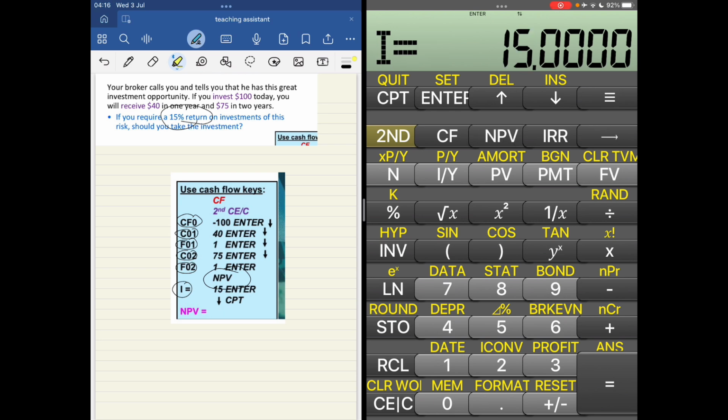And the calculator will ask you, what is the interest rate? Instead of typing 15%, you only type 15. So 15, enter. Go down and you press compute, CPT. And the answer is minus 8.5066.